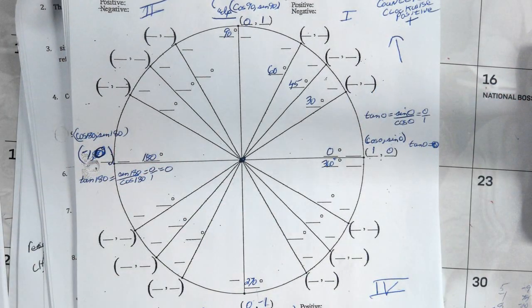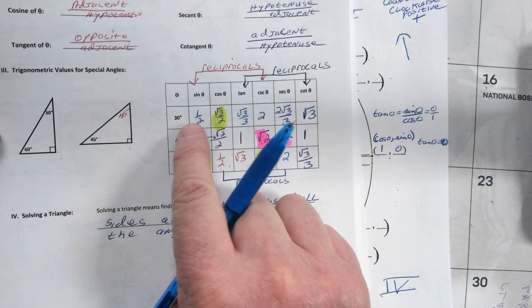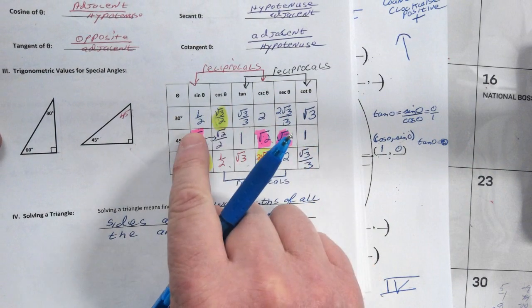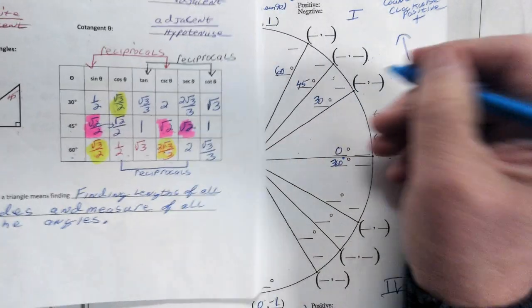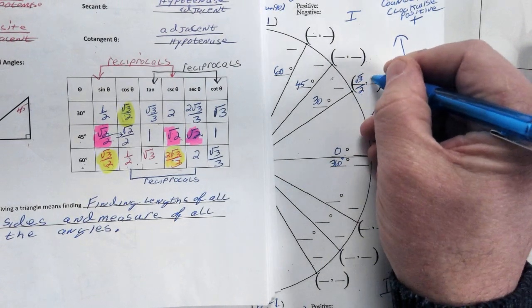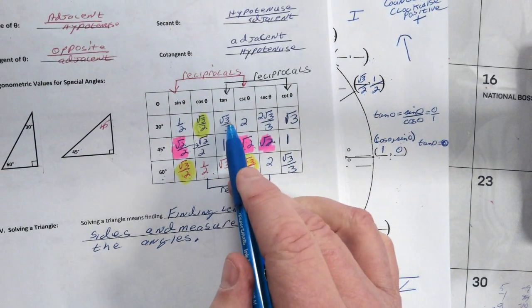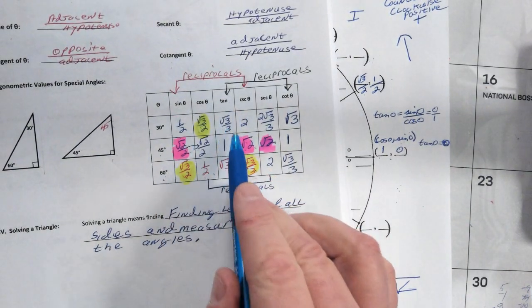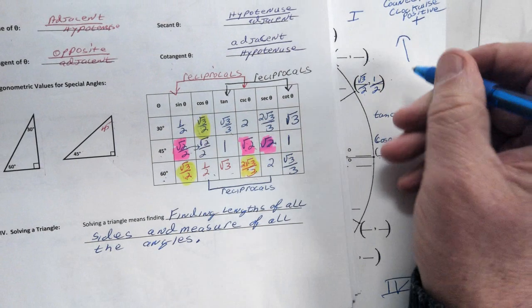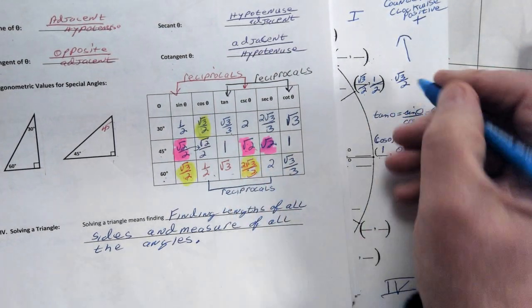Now if you don't know what's going on, you just open your little book notes sheet right here, and then you can write down what the cosine of 30 and the sine of 30 is. That's root 3 over 2, and that's a half. The tangent of 30, right there, root 3 over 3. So I'm just going to put it outside here.